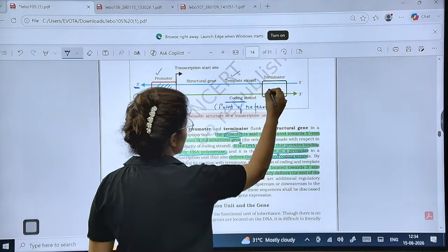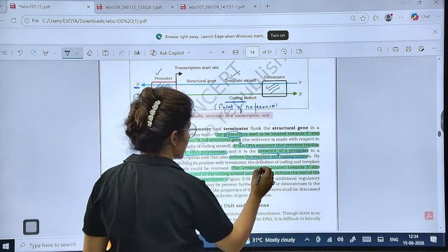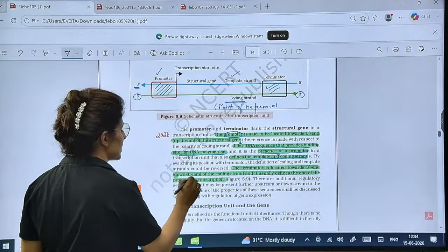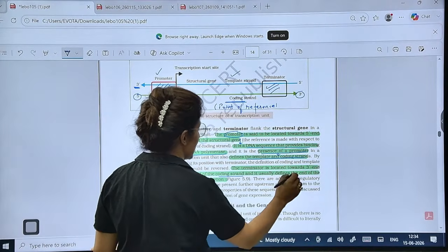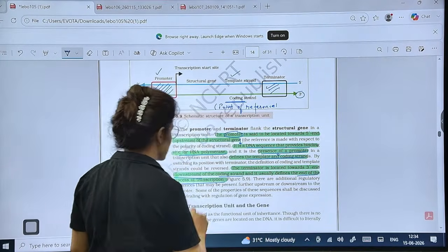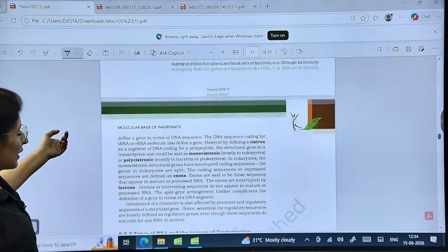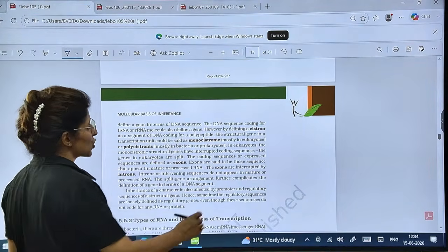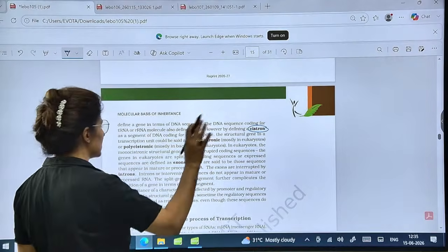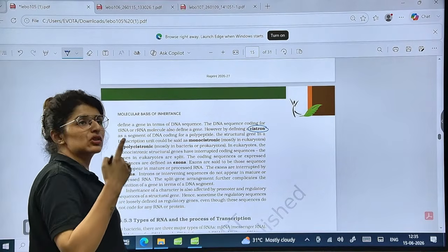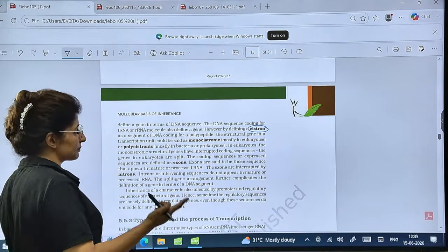Terminator is located towards the 3' end, and the 3' end is known as downstream of the coding strand and defines the end of the process of transcription. Are these points clear to all? Right? Now, what is a cistron? Cistron is nothing but a gene only, but that gene or that part of DNA which codes for RNA, right?